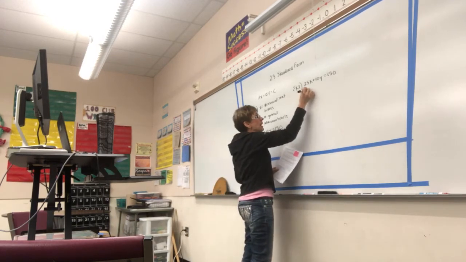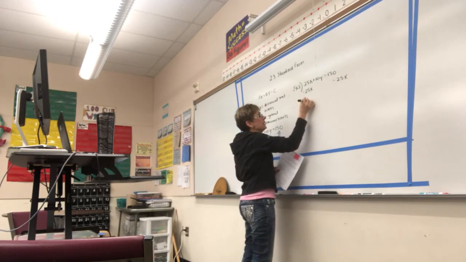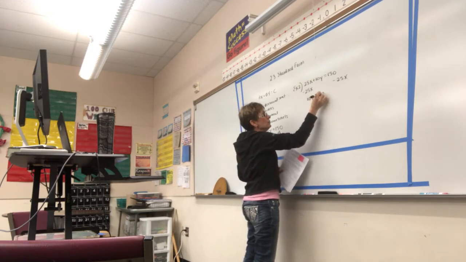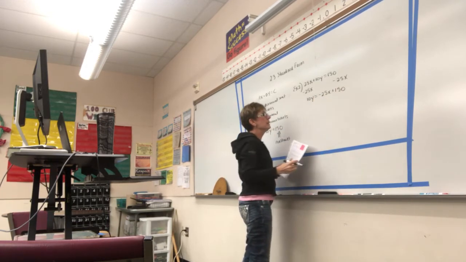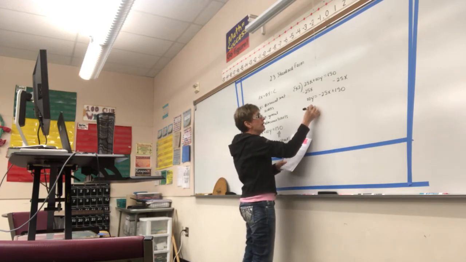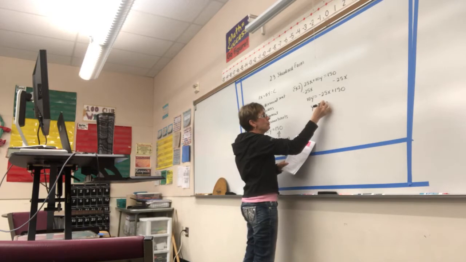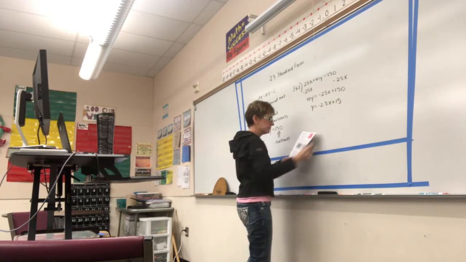If I subtract 25x from both sides, I'm going to have 10y equals negative 25x plus 150. And then when I divide everything by 10, I get y equals negative 2.5x plus 15.